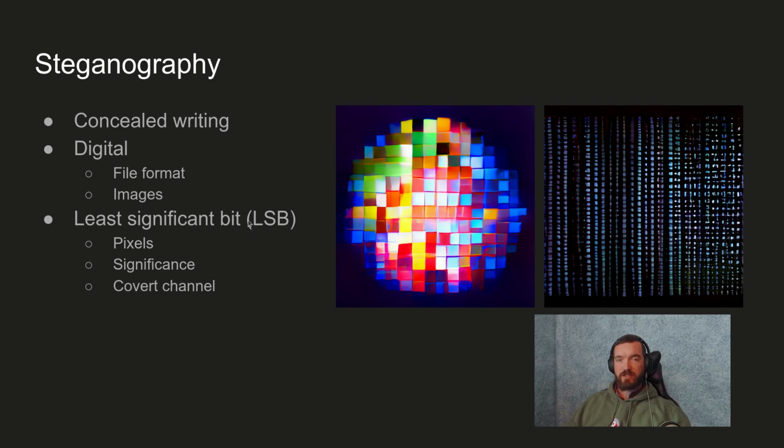We find if we change the least significant bit, you don't really see any difference in the picture at all, so that can be used as a covert channel. And since we don't want to do this by hand, it'd be pretty infeasible, we looked at a tool that can do it for us automatically.